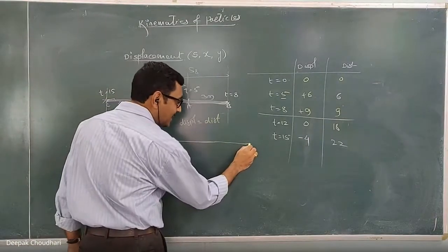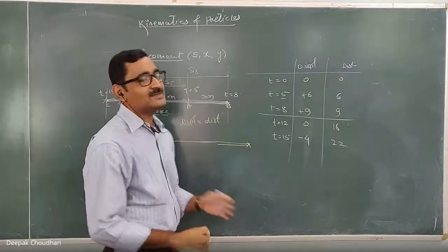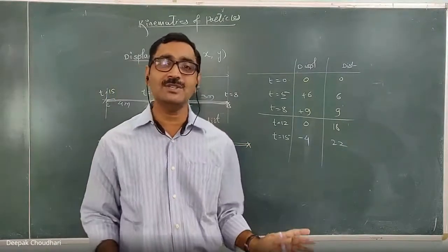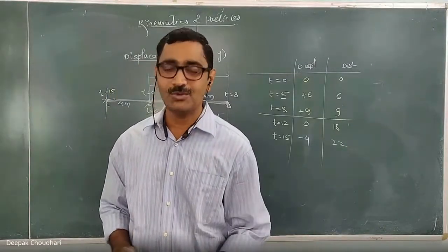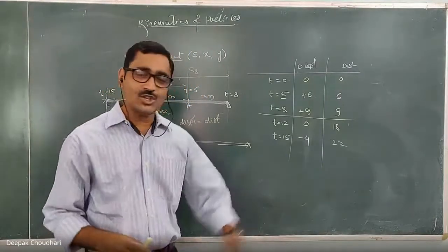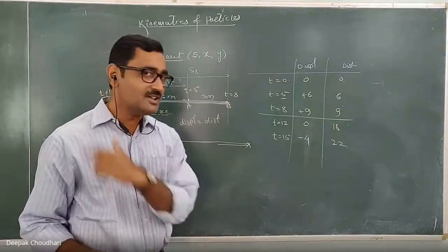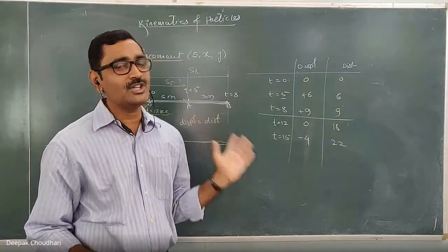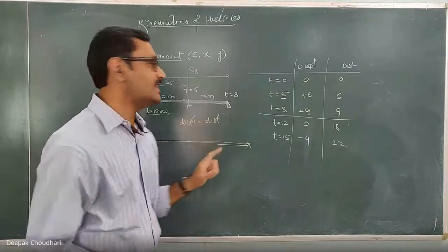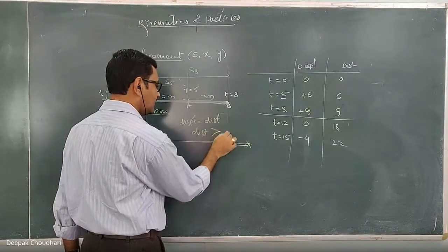But once the particle reverses direction of motion, उसके बाद में displacement is not equal to the distance traveled. वो direction कौन सी भी direction में change होने दो, okay? जब तक वो एक ही direction में move होता है, until the direction of motion changes, the displacement is equal to the distance traveled. But once the particle reverses the direction of motion, the displacement is not equal to the distance traveled. In that case, the distance traveled will be greater than the displacement.